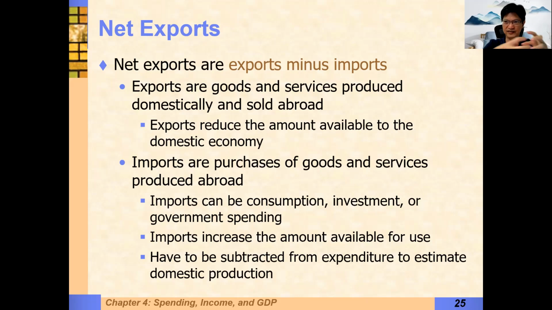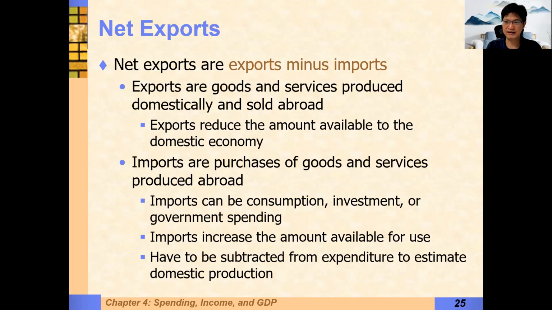Now, these goods that are flowing out, flowing in, they might be used for consumption or investment or government spending. It doesn't matter. But if we have positive net exports, it just means that the total amount of consumption, government spending, and investment in our economy is less than the total amount of production, because some of that production is being used overseas.